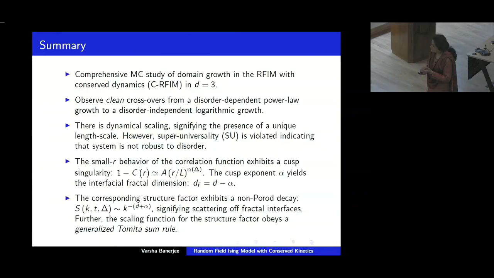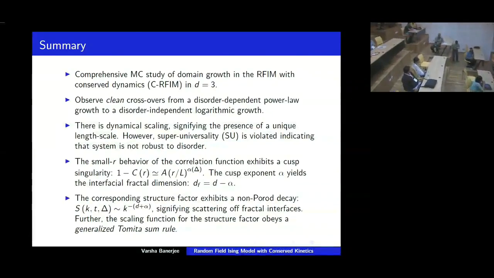So we have a sum rule which the structure factor should satisfy. And if you don't know the exact function, it's always nice to have other ways of arriving at certain special features of things like the structure factor and the correlation function. So that's what the generalized Tomita rule that we've derived gives us.